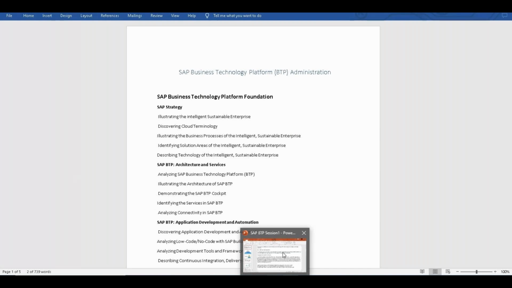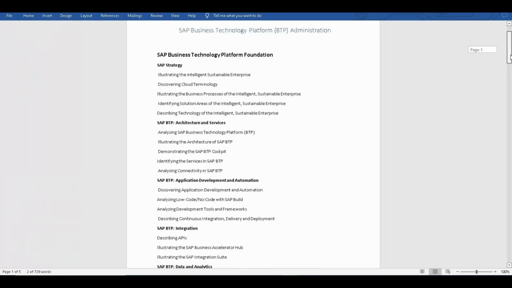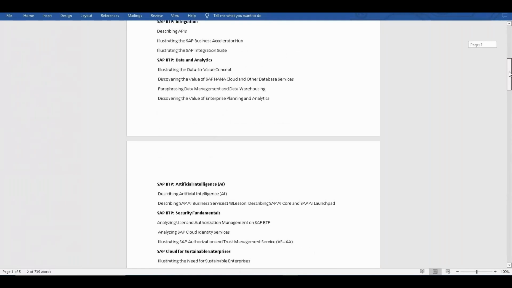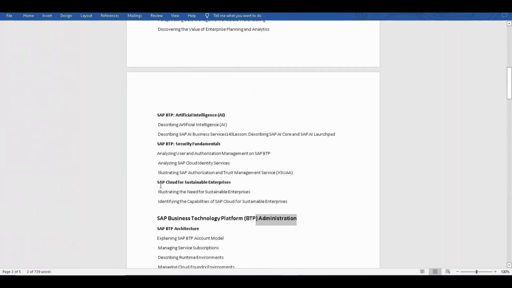What do you mean by sustainability? There's a lot more we are going to discuss about that at the end of this platform foundation. They need to have some responsibility towards the environment also, like the carbon footprint they leave when they come up with so many products and implement different solutions.